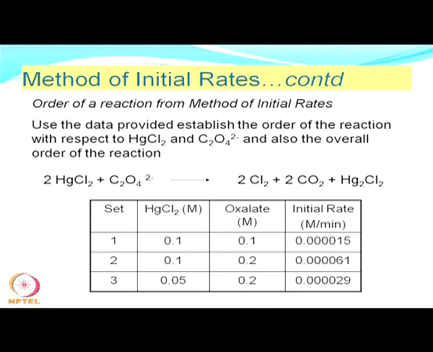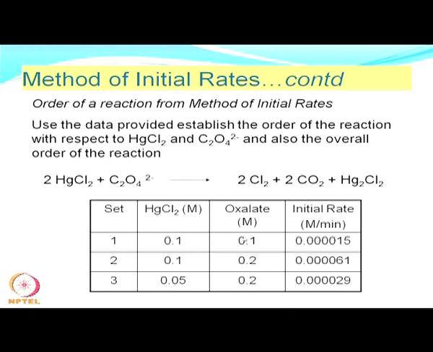Set 2: mercuric chloride is 0.1, oxalate is double of set 1, it is 0.2. The third set: mercuric chloride is 0.05 and oxalate is 0.2. And the corresponding initial rate, I mean the slope of the concentration versus time plot, is 4015 for set 1, 4061 for set 2, and 4029 for set 3.